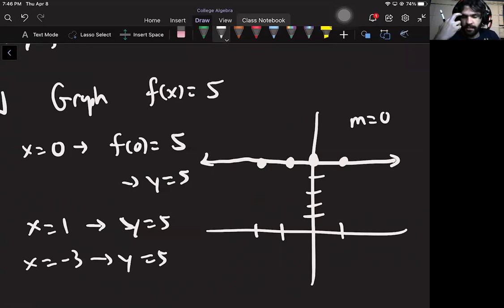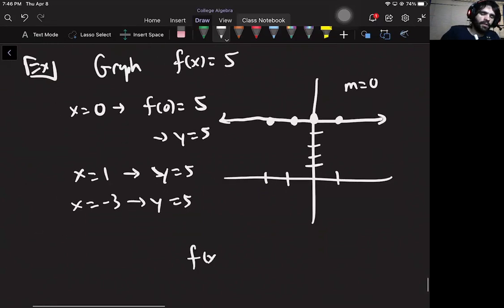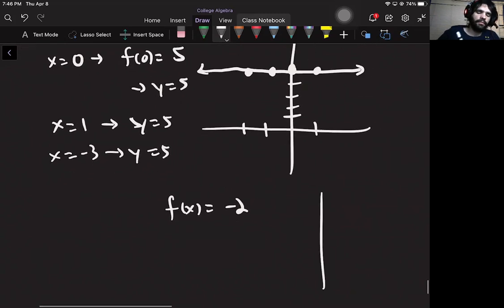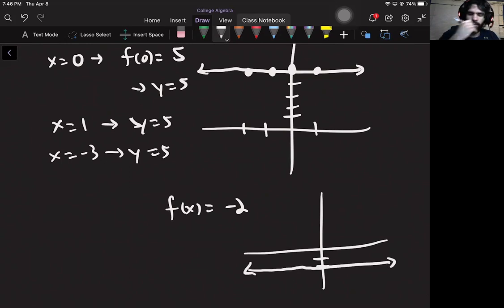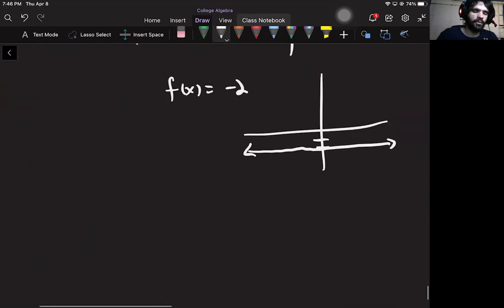It's just flat. So that's why m is 0 for things like this. So anytime you have a function that equals just a number, it's going to look like this. A straight line at that number. Same thing. Okay, so flat lines like this just come from functions that equal numbers with no x's.